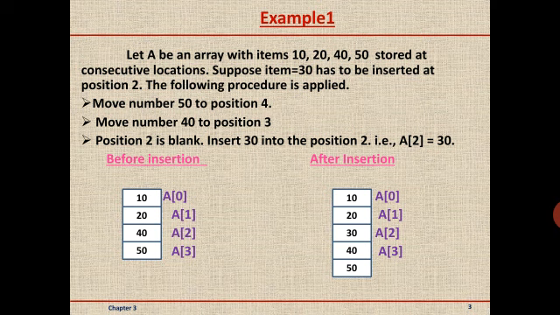Okay. Suppose item 30 we want to insert at position 2. In that case, what will happen? Already in position 2, we have item 40. We cannot insert the new element into it. What we have to do? We have to make that place empty.